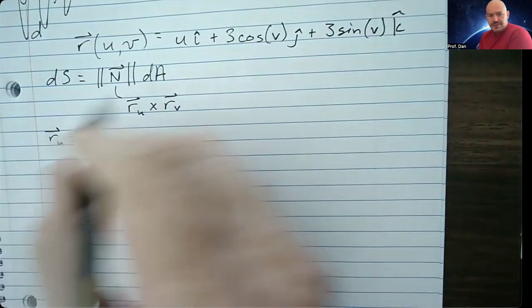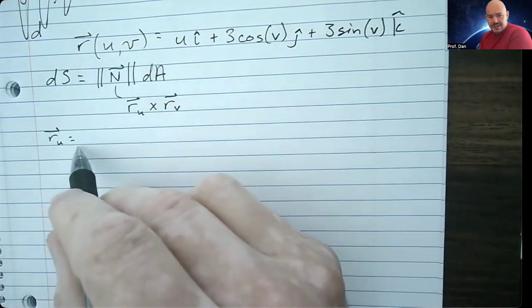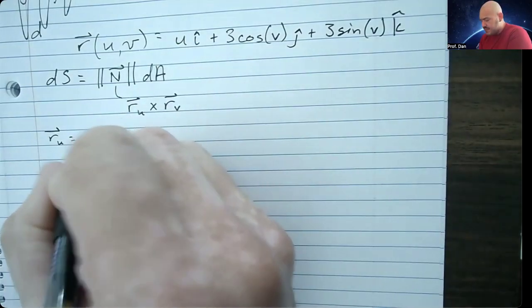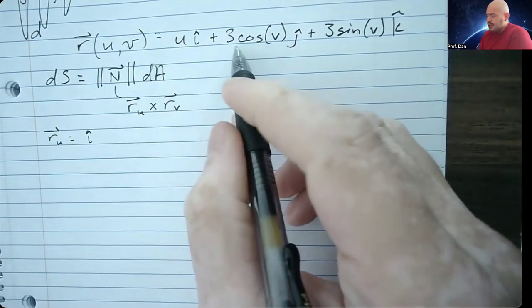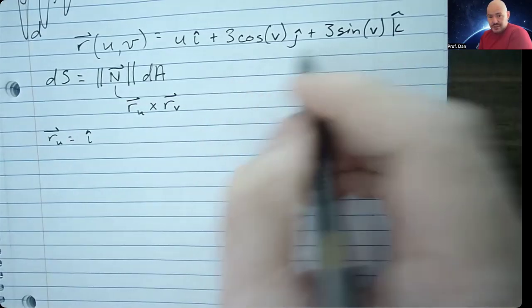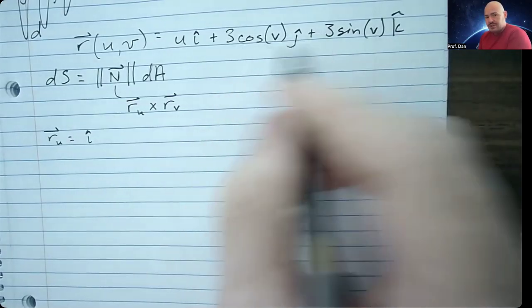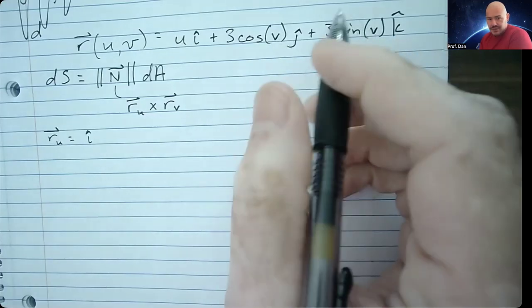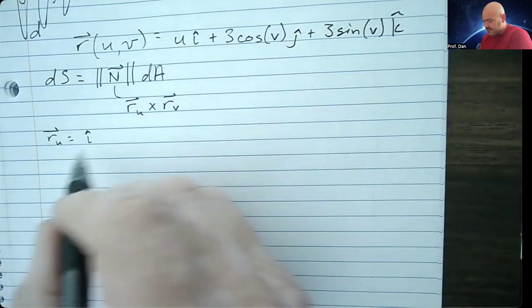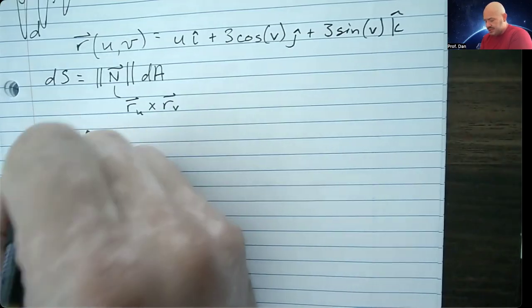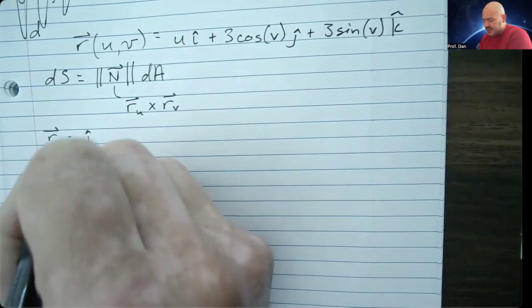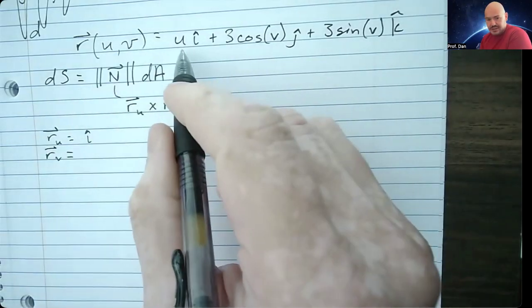So partial derivative of r with respect to u, right? For my x component, derivative of u would be 1, so i. For my y and z components, though, there's not a u anywhere in those components. So both of those will have a component of 0. So ru is just i. If I take the partial with respect to v of r, there's not going to be an i component.